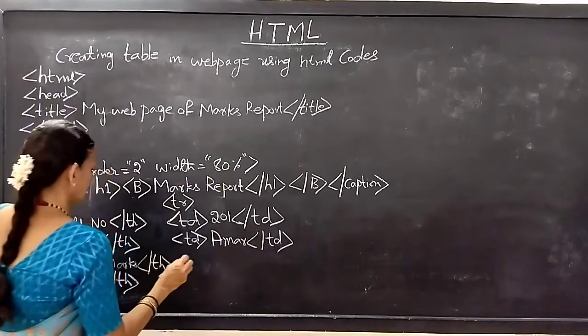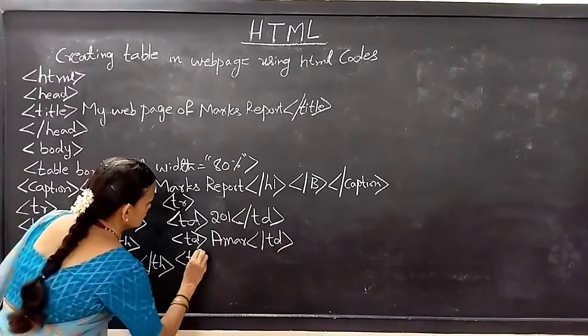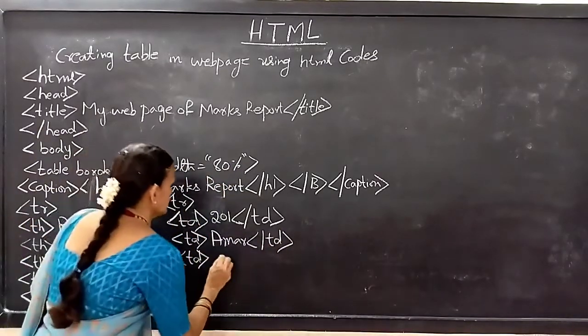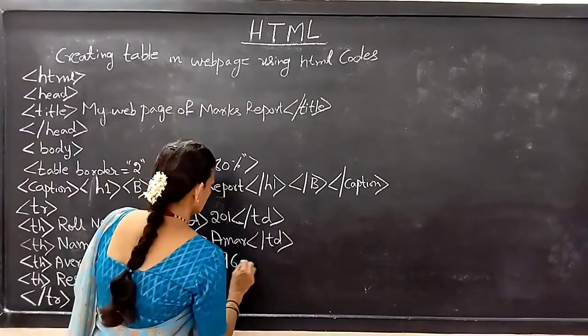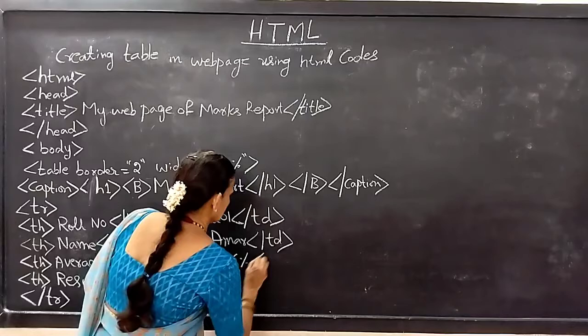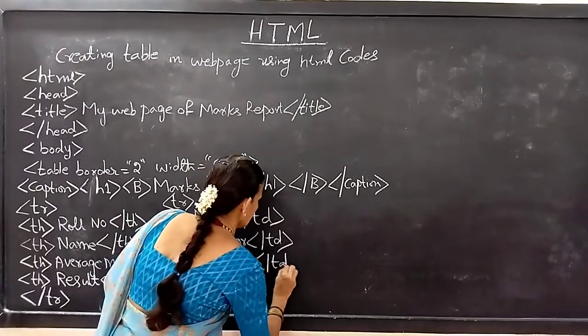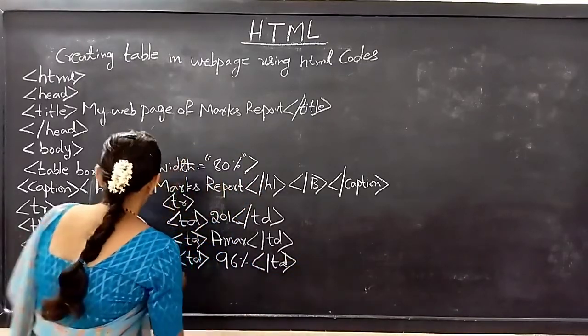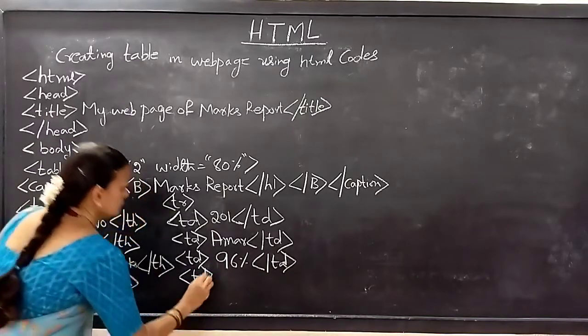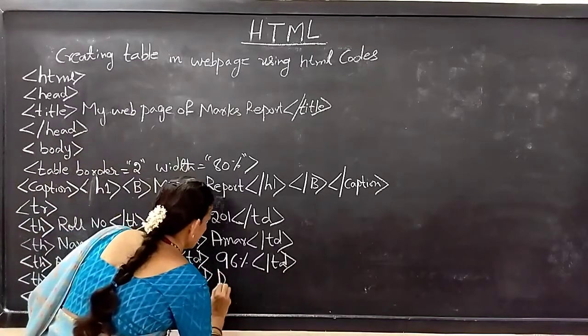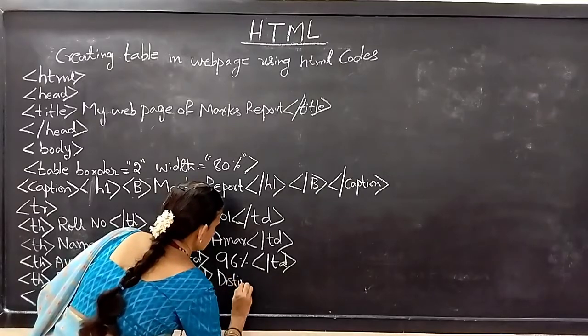Then we'll write average marks, 96% average. Okay, we'll write within TD. Then the result, what it is getting: distinction, we'll write as distinction.